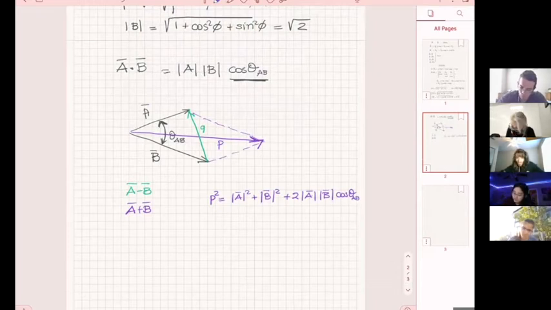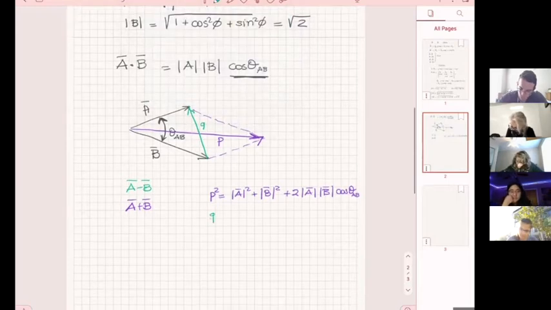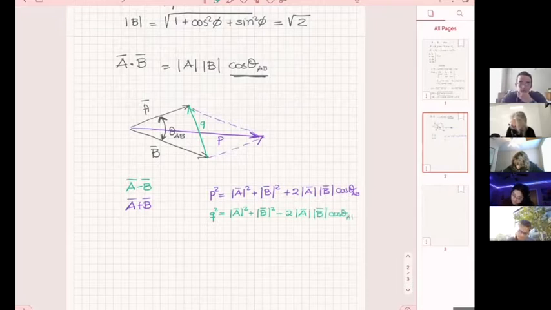Okay, and then Q is going to be what? Do you recognize those formulas? We use them in the homework. So it's going to be A squared plus B squared minus 2AB cosine theta AB.